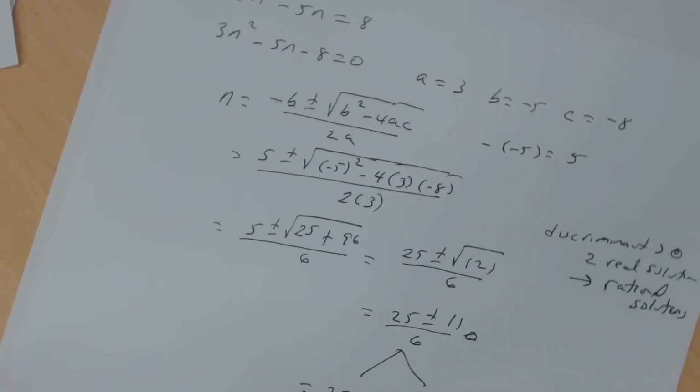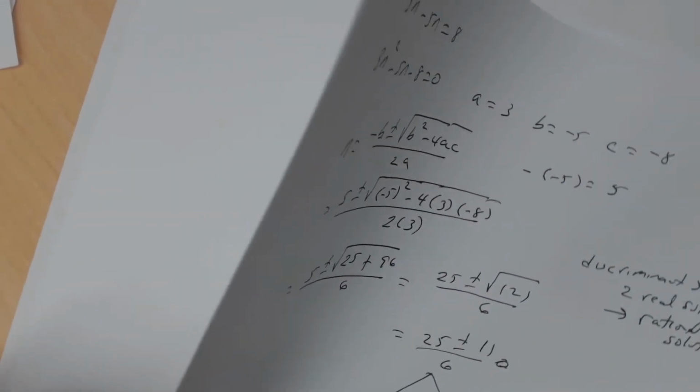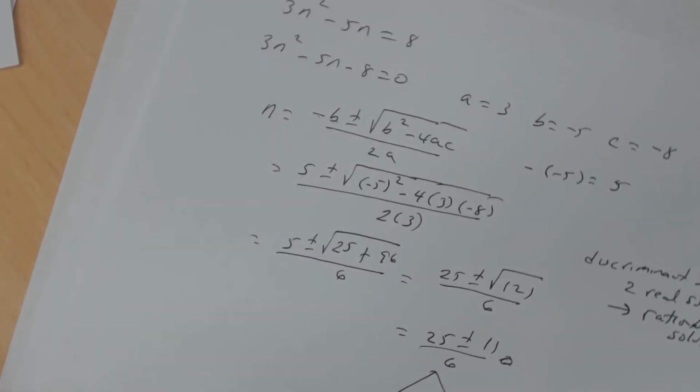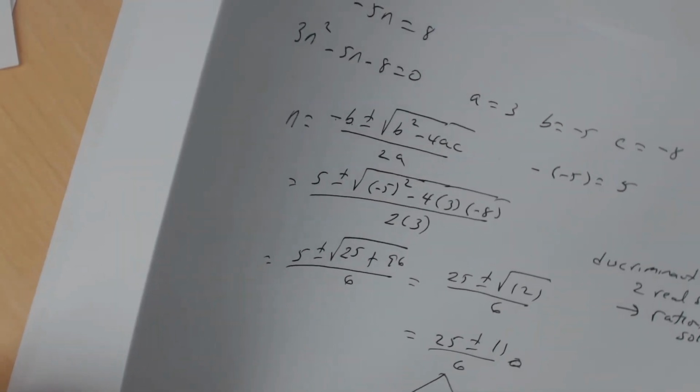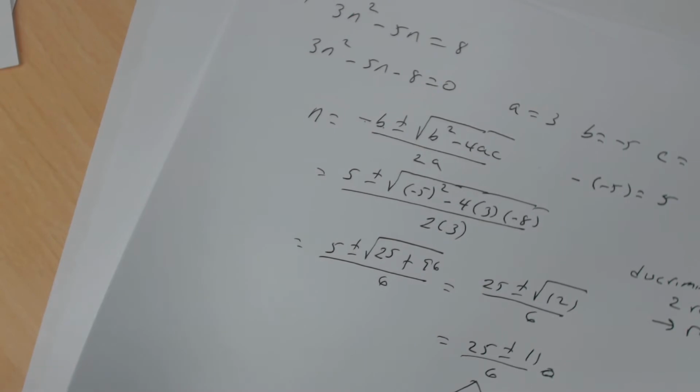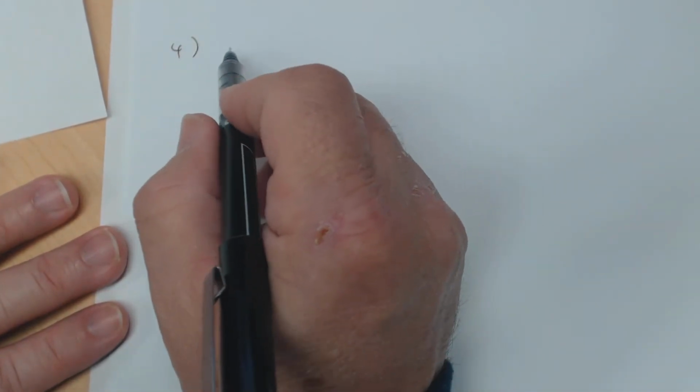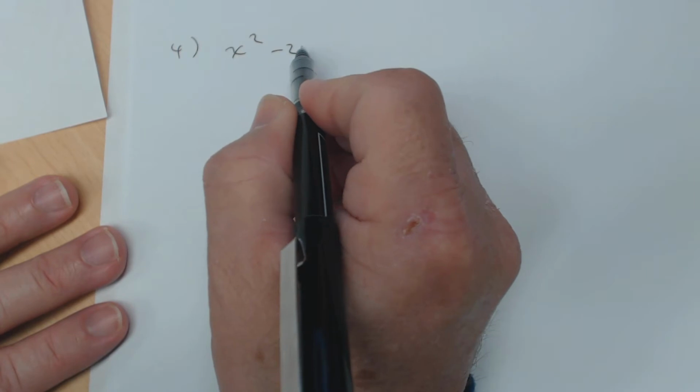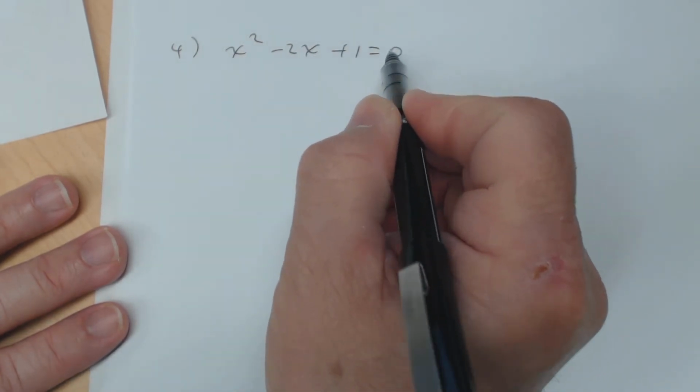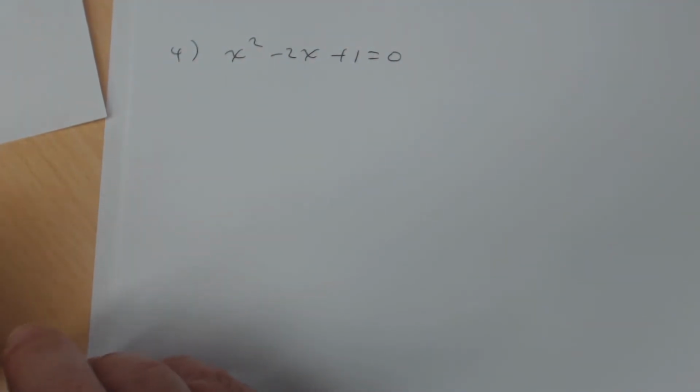All right, number 4. Suppose we had this one: x squared minus 2x plus 1 equals 0.